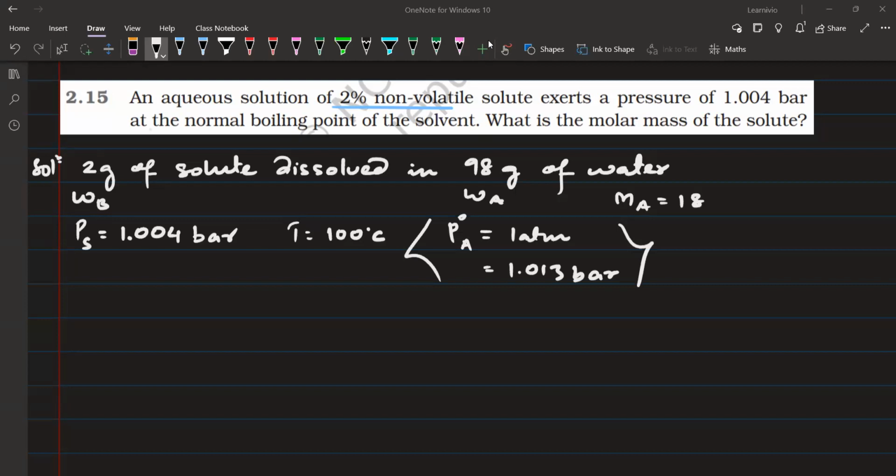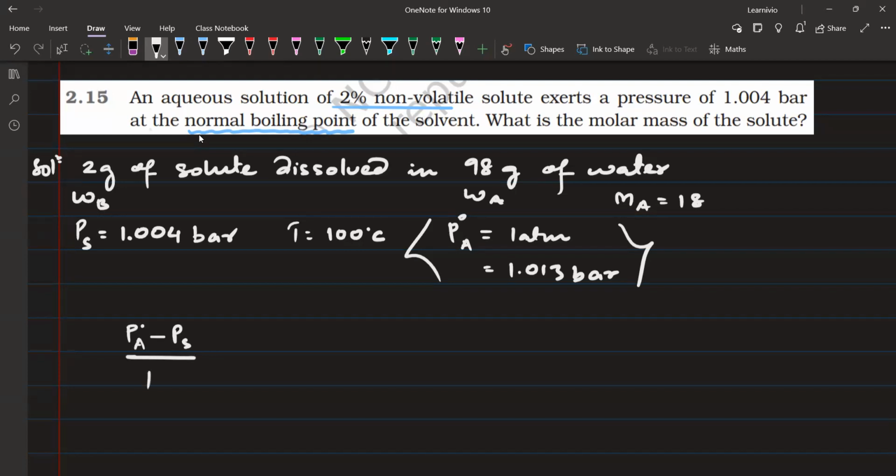Okay, so this is how sometimes they will give you the value. Even though they did not give you this 1.013 bar directly, the number was hidden in this particular phrase, normal boiling point. So from here we can calculate (P naught A minus Ps) divided by P naught A. Here we can see that with 98 grams and 2 grams, we can ignore the WB part.